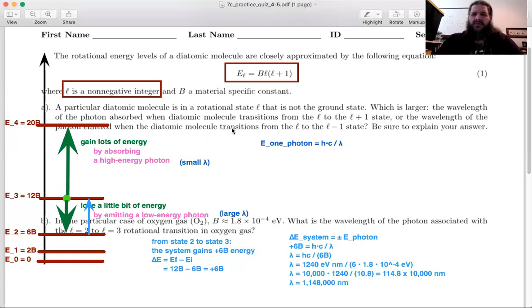I mean, the energies we were dealing with, if we were looking, for instance, at the energy levels of a hydrogen atom, those were more along the lines of 5 to 10 electron volts, using the negative 13.6 electron volts as a standard. So 10 to the negative 4 electron volts is an extremely small amount of energy. And an extremely small energy would correspond to a very long wavelength. Any questions on that so far?